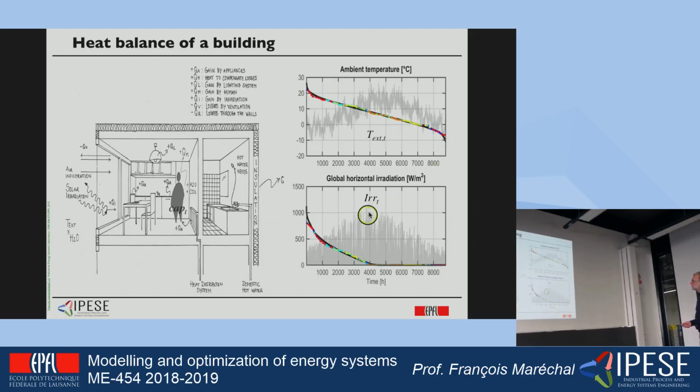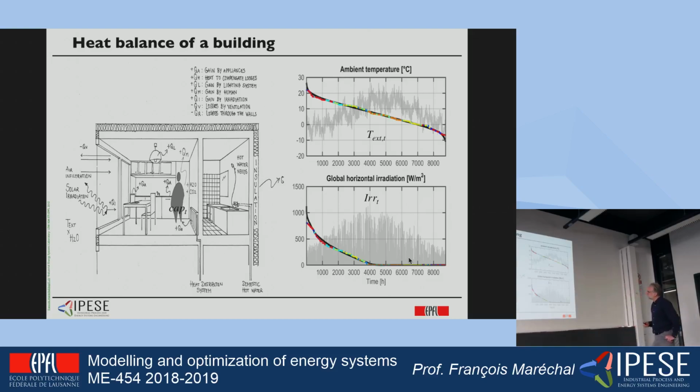And the same for the irradiation. We know that we receive sun, that the sun is not constant. So this is a yearly variation of the solar irradiation. And of course, normally we should see zero every day, so it's just a question of details in the plots.